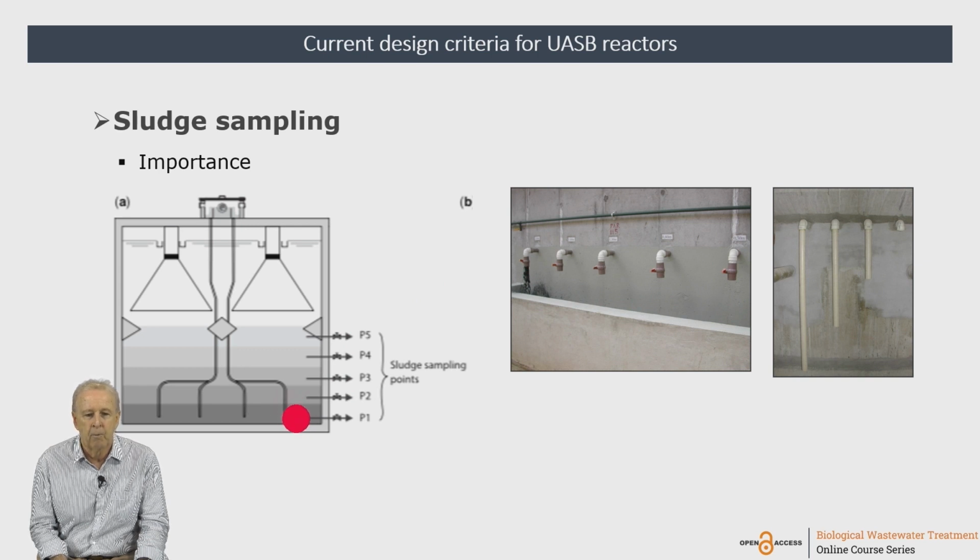With this sample, we determine the concentration, and concentration times the volume that each sampling point represents gives us the mass. Concentration times volume, we have the mass of sludge. If we sum up the mass in this compartment, of P1 with the mass of P2, P3, P4, we have the whole amount of biomass inside the digestion compartment.